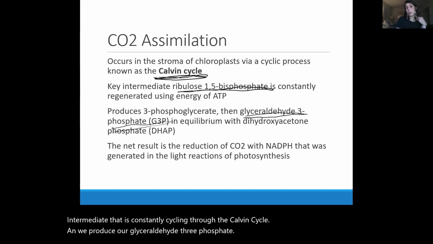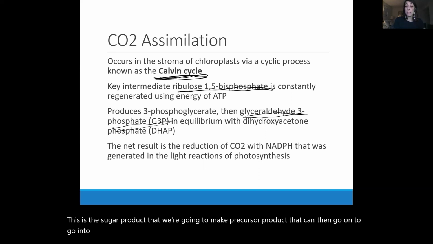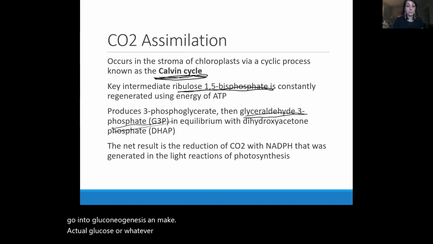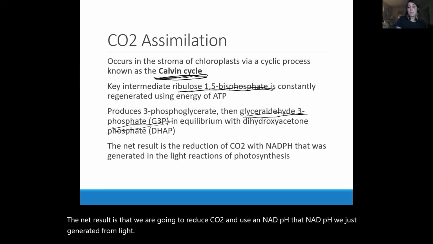This is the sugar product that we're going to make, precursor product that can then go into gluconeogenesis and make actual glucose or whatever sugar is needed. The net result is that we are going to reduce CO2 and use an NADPH, that NADPH we just generated from light, to then make this sugar.